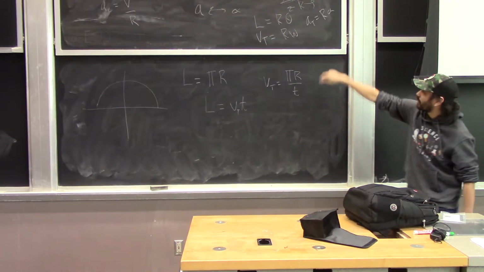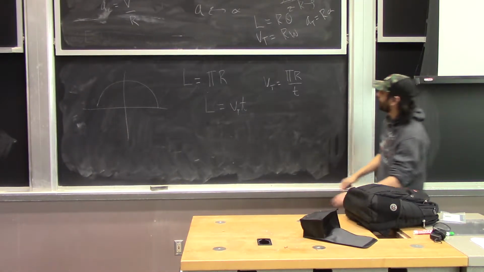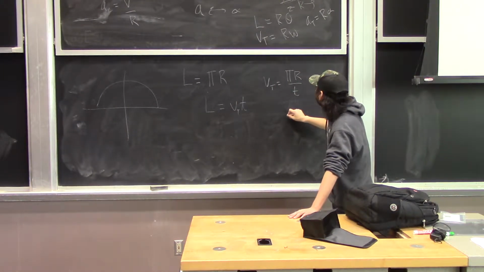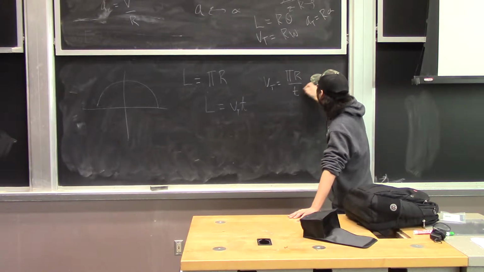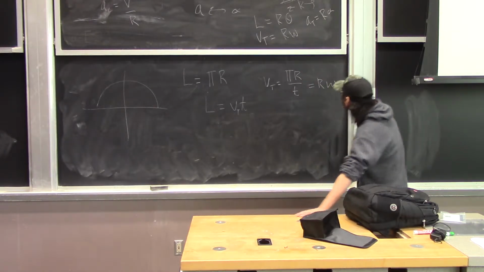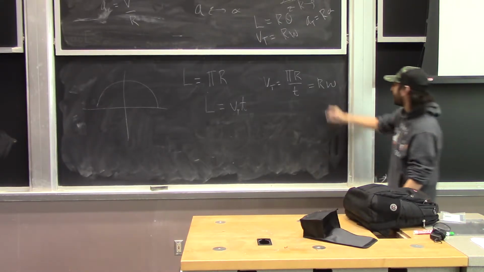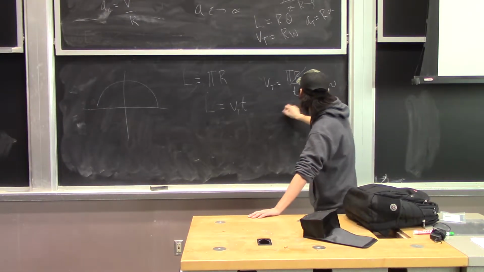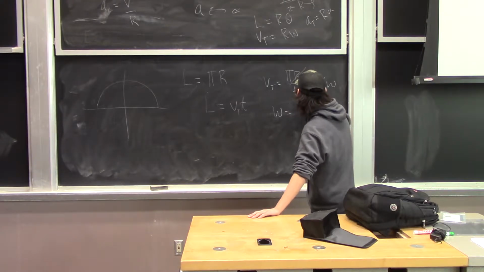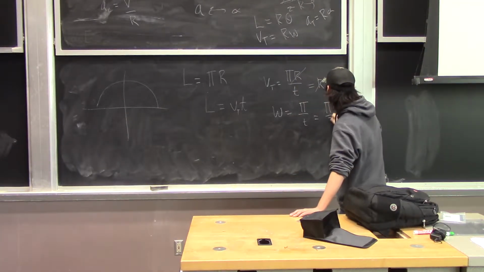And if we want our angular velocity, we also know that it is related to this because v_t is equal to r omega. So this is equal to r omega. Then we can solve for omega by just dividing both sides by r. And so that says that omega is going to be equal to pi over t, which is equal to pi divided by 2.